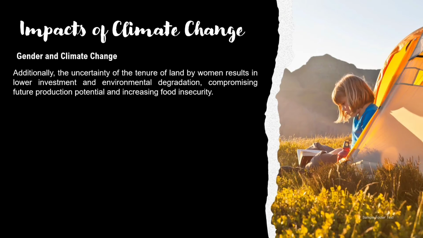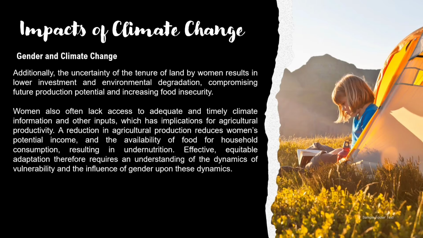Additionally, the uncertainty of the tenure of land by women results in lower investment and environmental degradation, compromising future production potential and increasing food insecurity. Women also often lack access to adequate and timely climate information and other inputs, which has implications for agricultural productivity.